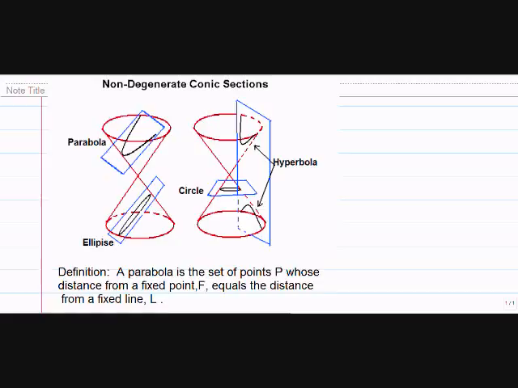If you cut at an angle, you get an ellipse. If the cut goes to the edge on one side and to the infinity part on the other, without hitting a side of the cone, you get a parabola or a hyperbola, depending upon how angled you make that cut.